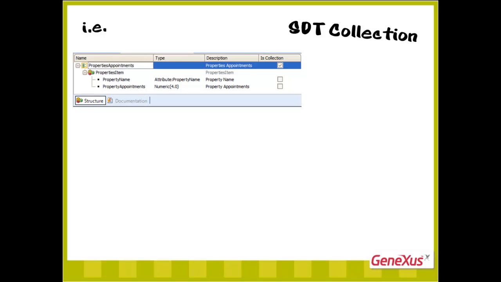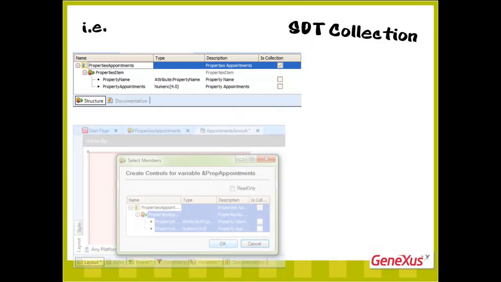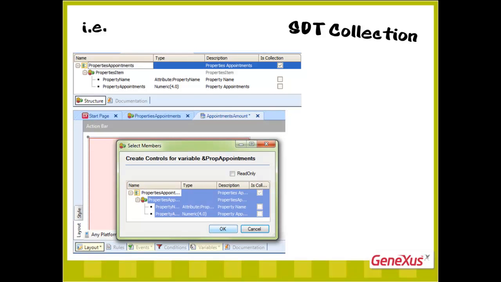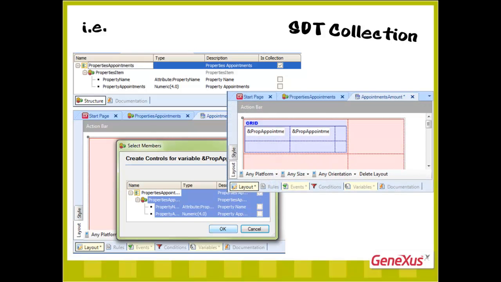Let's then suppose that we have defined an SDT collection that will record, for each real estate property, the name and the number of visits scheduled for it. We want to show them on a screen, for which purpose, on a panel for smart devices, we define a variable of the SDT collection type we've just created. We insert it in the layout, which will cause an offer to select the elements of the SDT that we want to include in the grid, and let's suppose we want to include all of them in this case.